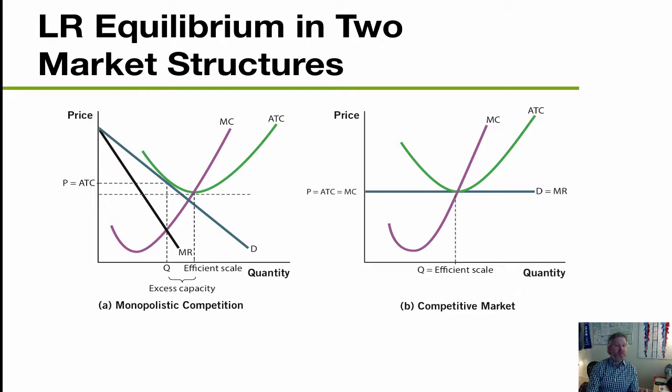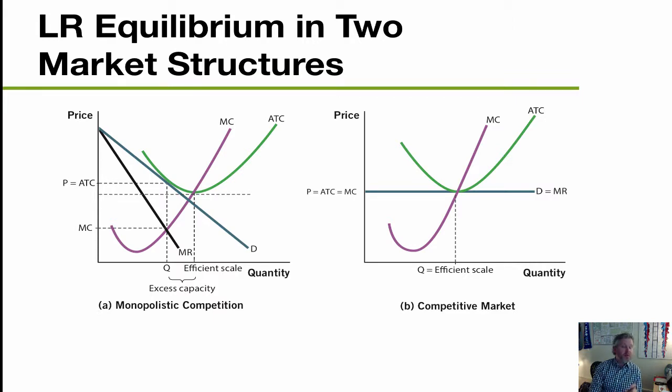So the difference between the quantity that the firm does produce and what it would produce under a perfectly competitive market is something known as excess capacity. They could produce it at a lower average total cost per unit, but they don't because it's not the profit maximizing thing for a firm to do in a monopolistically competitive market.